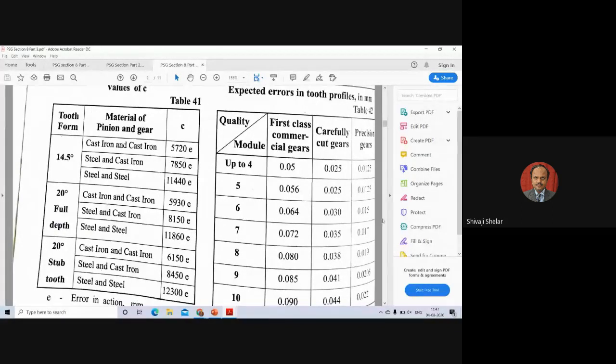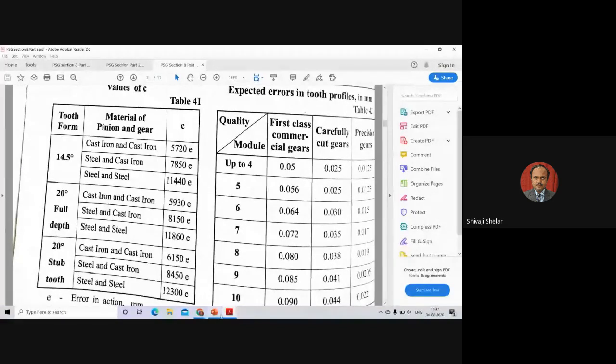So in table number 42, our module is 7, and we have commercially cut gears. We have assumed that we are using commercially cut gears. For module value of 7, this error value E is equal to 0.072. So this is the tooth profile error in the gear, that is 0.072. So the C value will be now 11860 into 0.072.